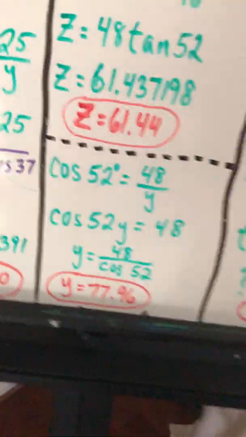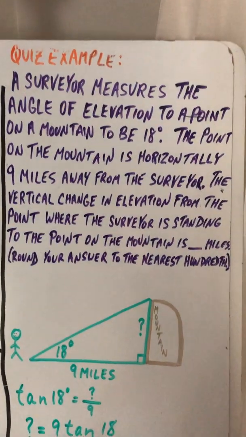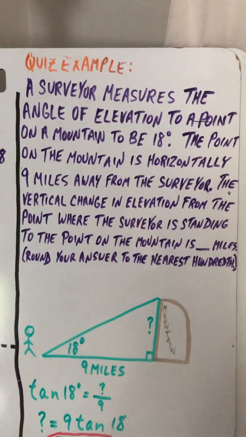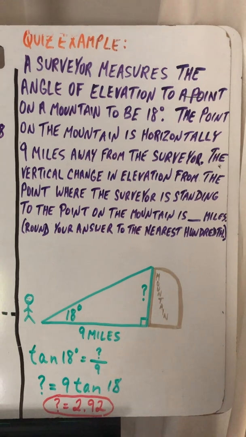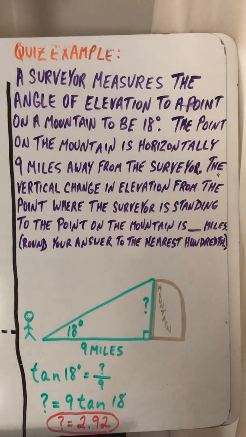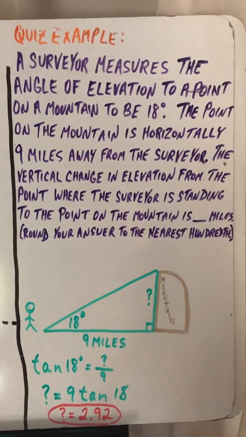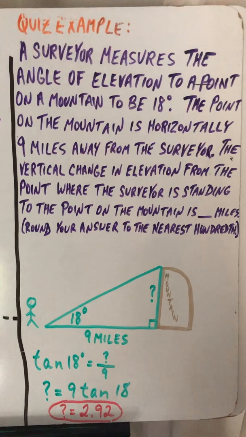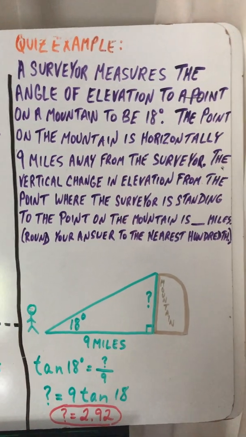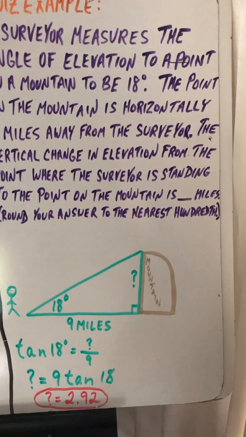All right, you're going to have a couple of word problems. Here's one example of one of the word problems. A surveyor measures the angle of elevation to a point on a mountain to be 18 degrees. The point on the mountain is horizontally 9 miles away from the surveyor. The vertical change in elevation from the point where the surveyor is standing to the point on the mountain is blank miles.